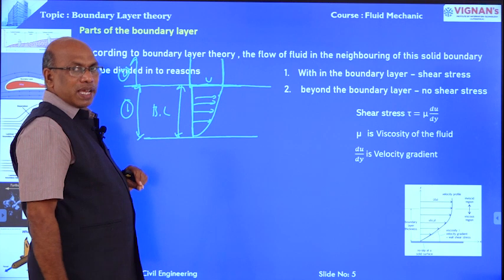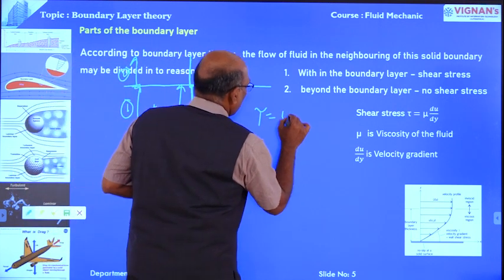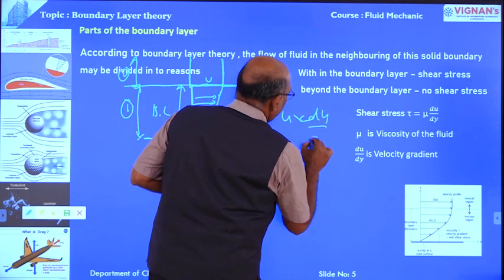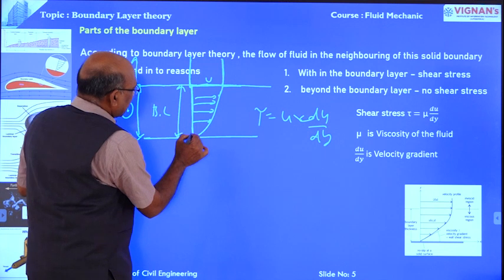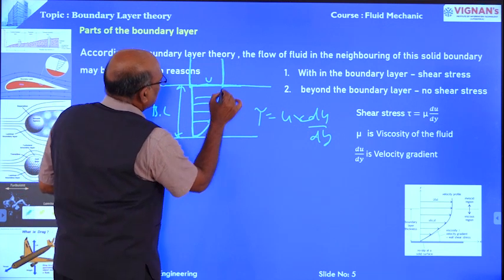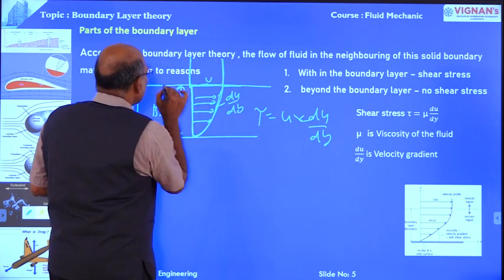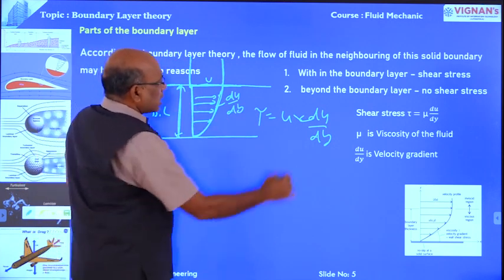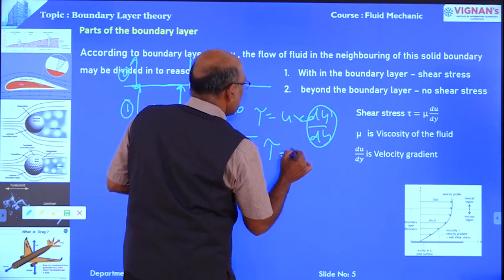Up to the boundary layer, the shear stress is tau equal to mu into du by dy. This is the standard formula. The velocity gradually varies from 0 to free stream velocity because we have du by dy within the boundary layer. Once we have du by dy, shear stress also develops.